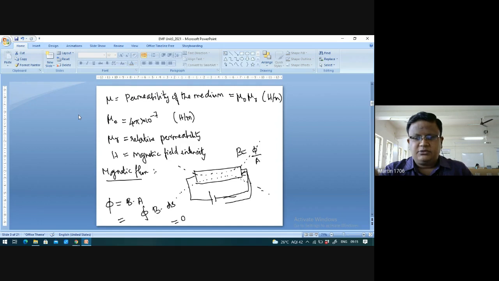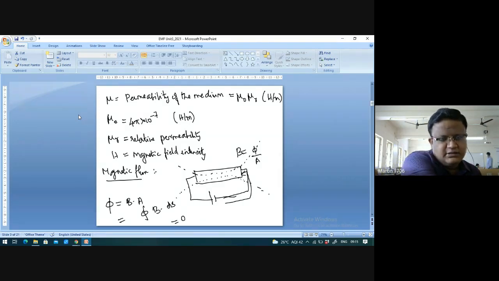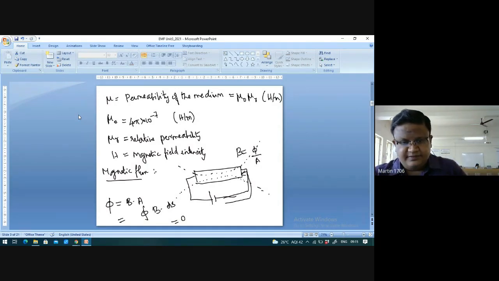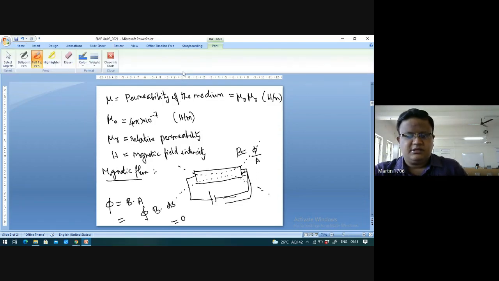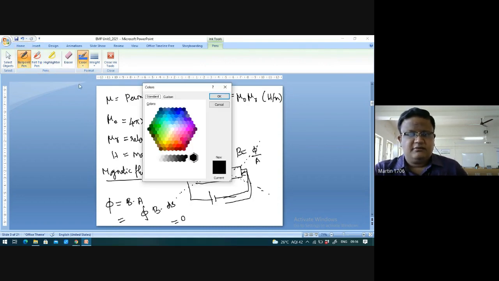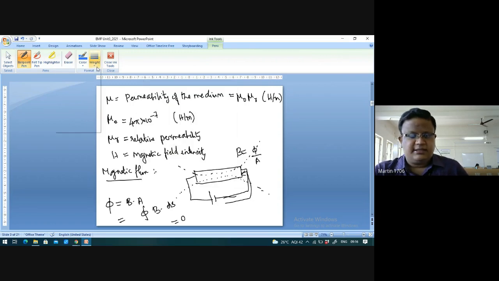Let me come to the next parameter, called the magnetic flux. For magnetic flux, phi is equal to B dot A. We already know B is equal to phi by A, so from that expression we can write phi equal to B dot A. How can we define the magnetic flux?